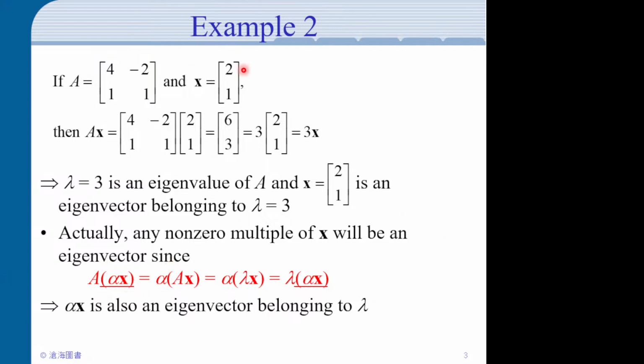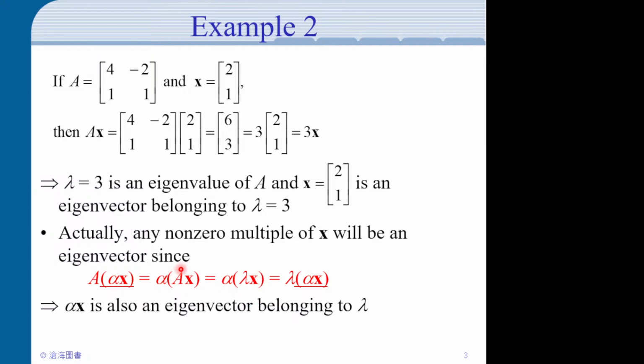Say instead of (2, 1) here, you have (4, 2). Then you multiply x by 2, and everything will get multiplied by 2. Here is a more algebraic way to say this. If instead of multiplying A with the eigenvector x, you multiply with alpha x, because everything is linear, you can just take the alpha outside.